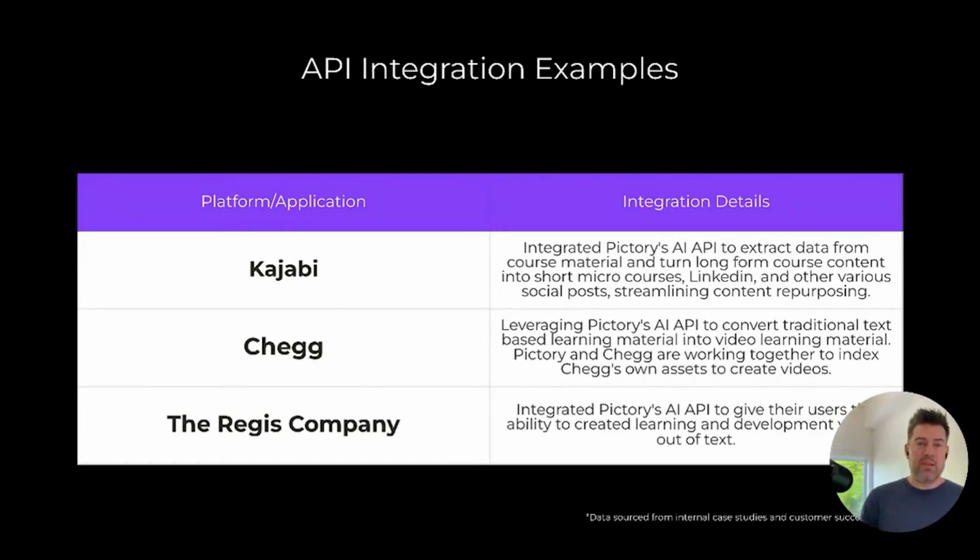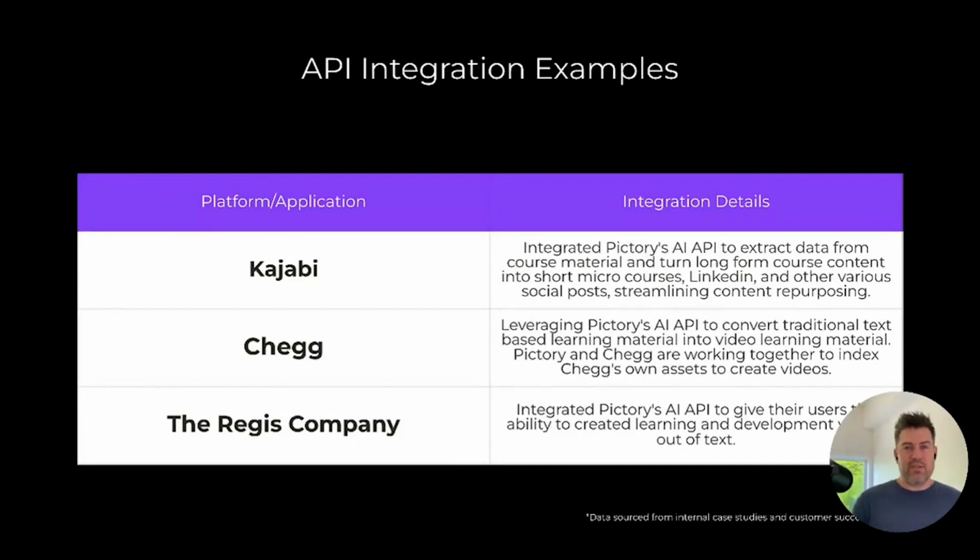The second one being Chegg. Chegg is a large edtech company, one of the largest in the industry, helping students in higher education study and learn more effectively. They have dozens of years' worth of content that they are now trying to turn into video content.